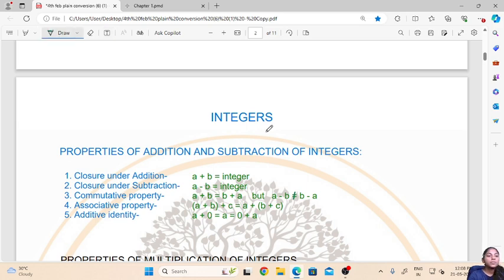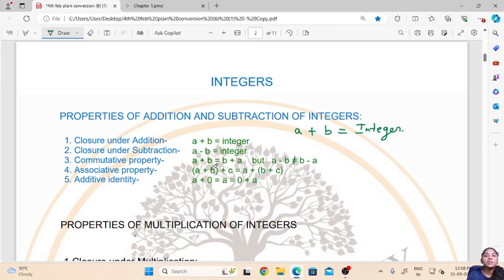Then the second property was closure under subtraction. For any two integers a and b, the difference of these integers will also be an integer. The answer of a minus b will always be an integer.